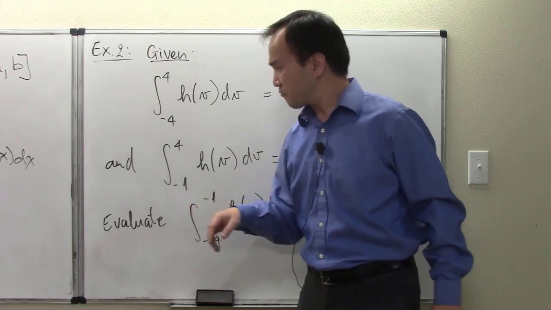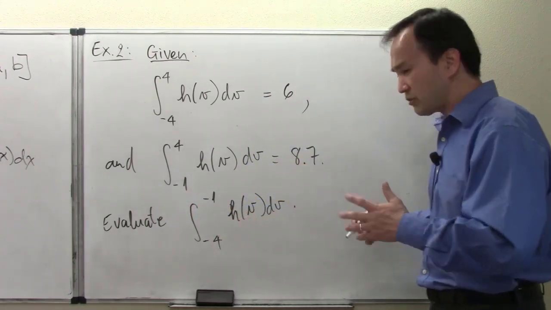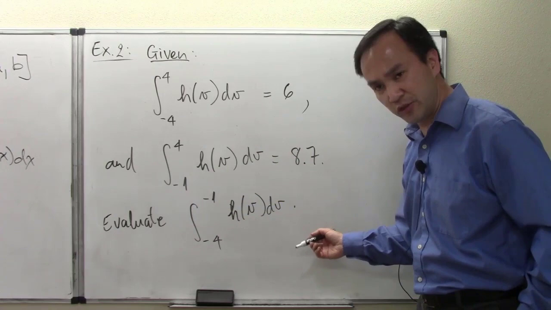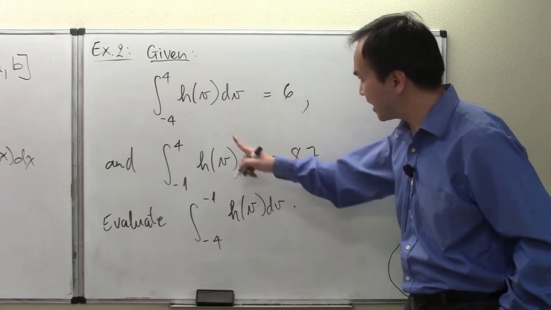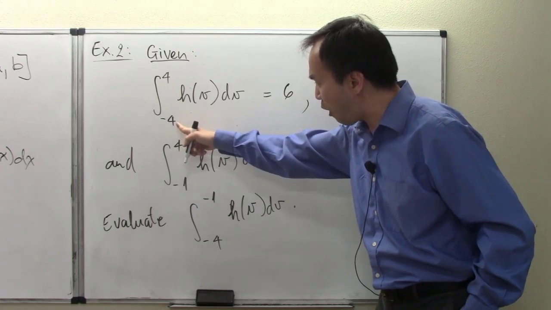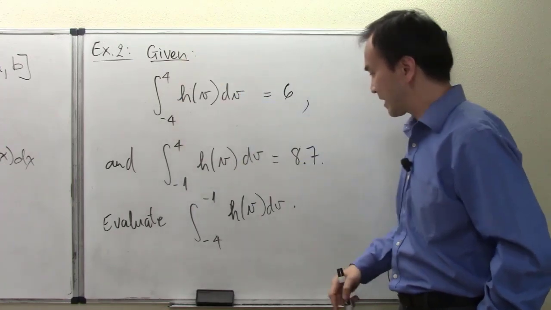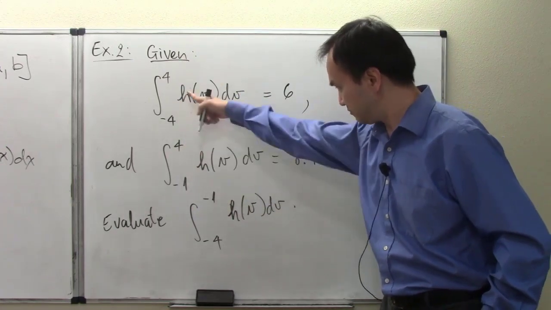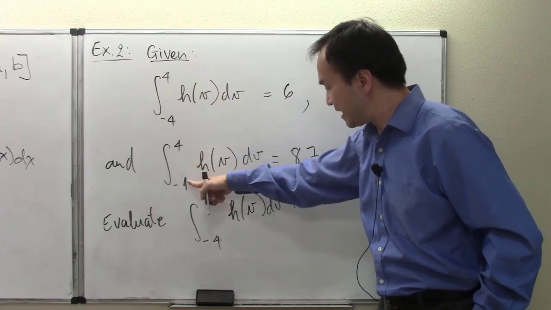And so here as the observation, and we haven't started into the problem yet, there's a definite integral going all the way from -4 to 4. And then for these two given integrals, we have -1 to 4.